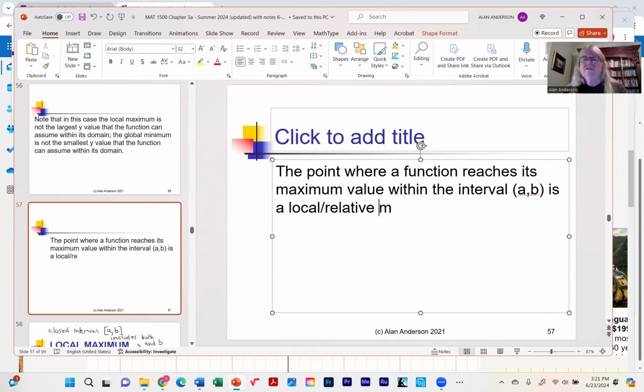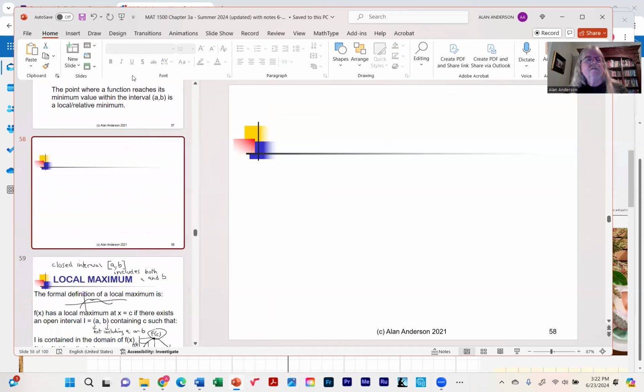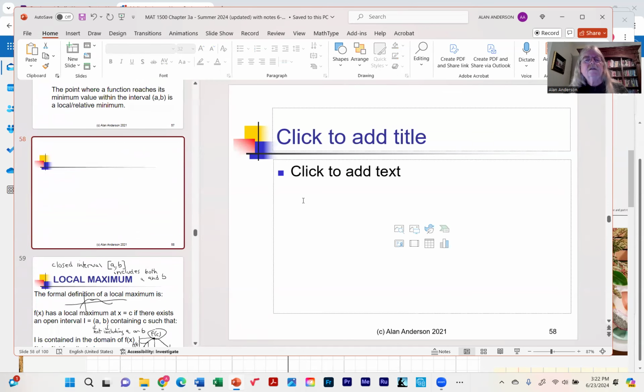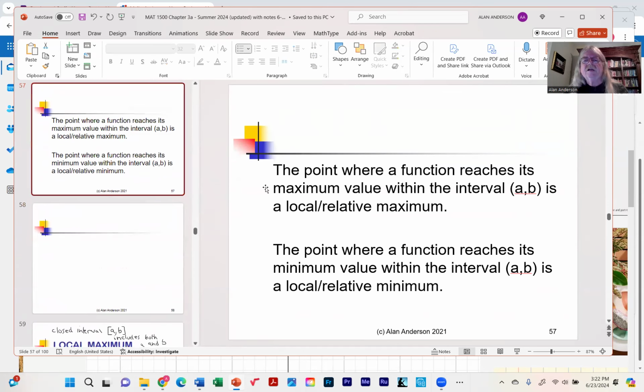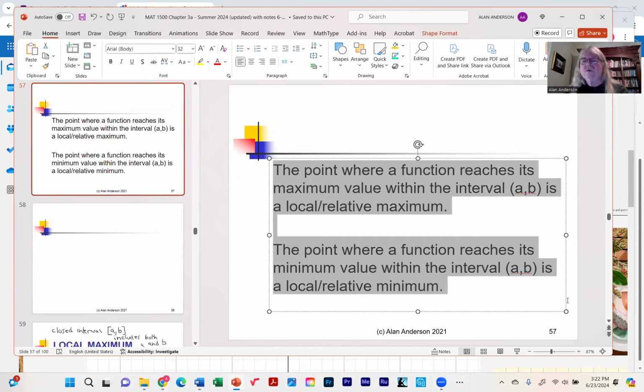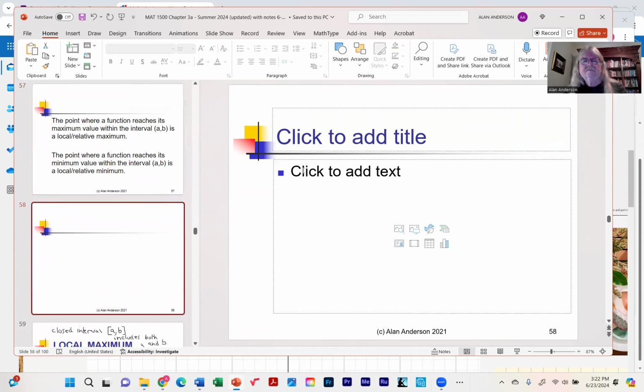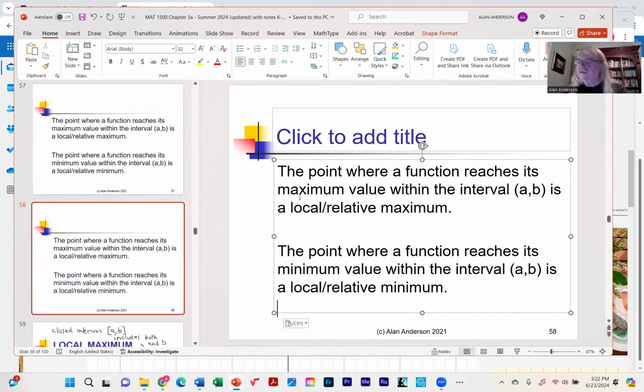But there are two other possibilities. Actually, I'm going to copy this so I can just change the keywords, since we're running out of time here.